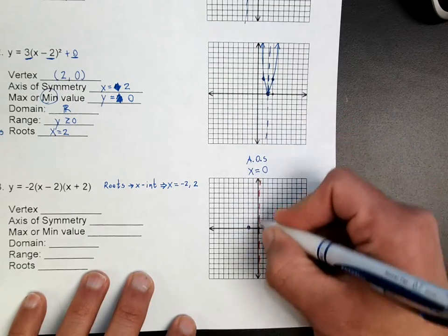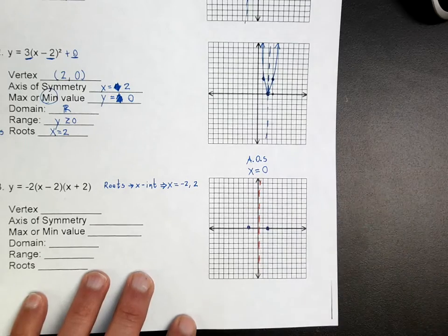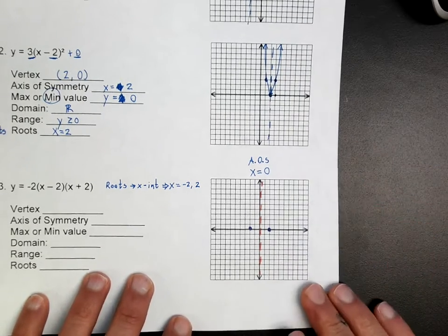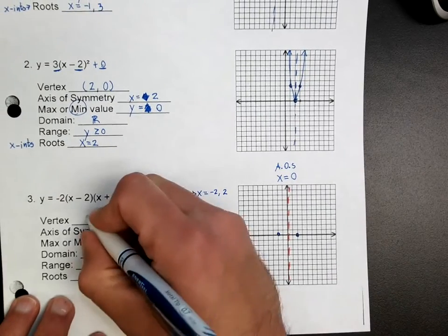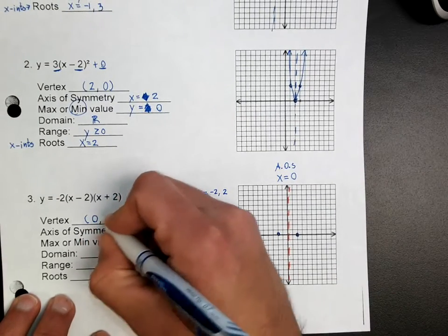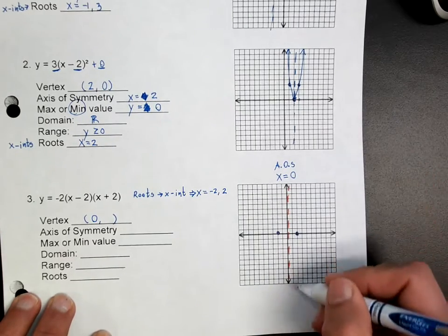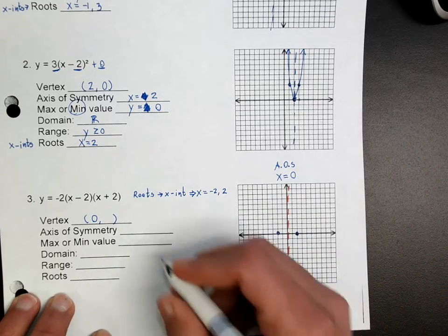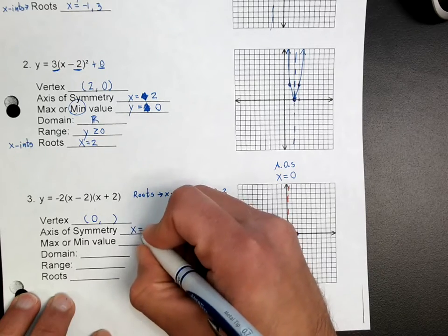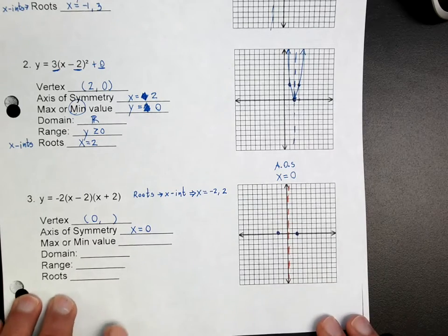Even though I know this is the y-axis, this is the vertical line, x is equal to 0. That's the x-coordinate of the vertex, because my vertex is located right on the axis of symmetry. My axis of symmetry is x is equal to 0. At least I know that much.